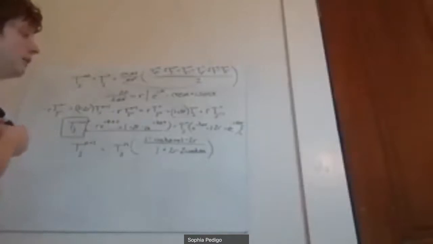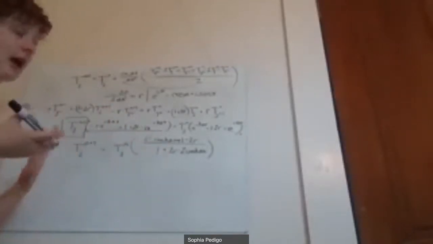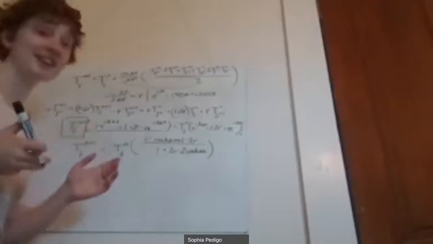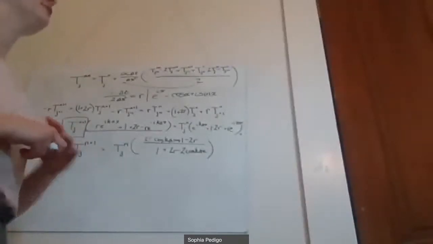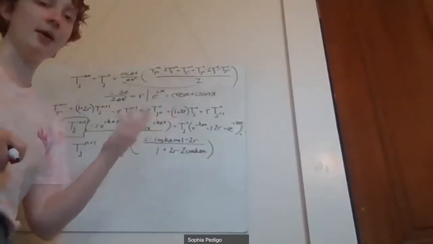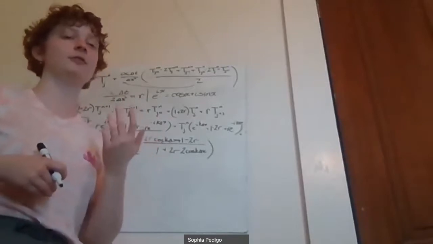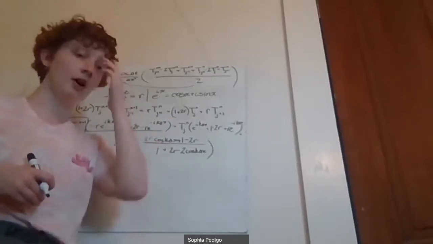Next, we're going to officially look at this using the von Neumann stability analysis to see if it is actually stable, because that's the whole point of this. It's all fine and dandy if we've got this nice Crank-Nicolson method, but that doesn't actually help us unless it's stable for values of R that are above 1/2.